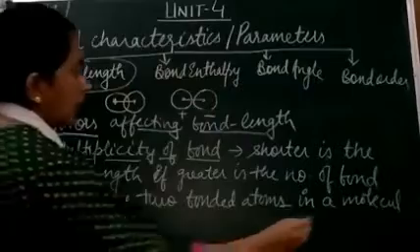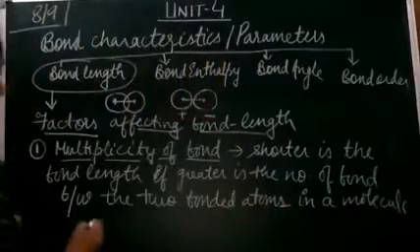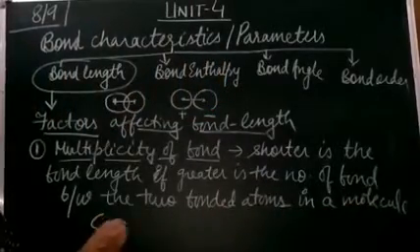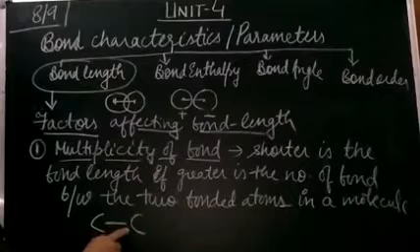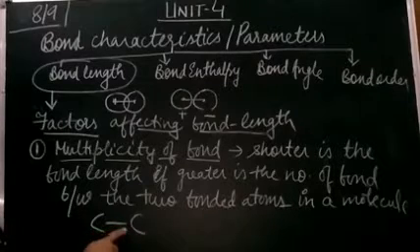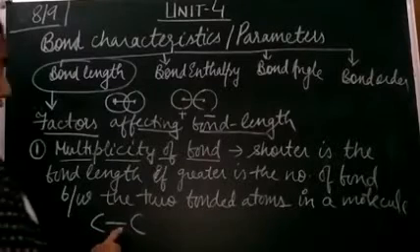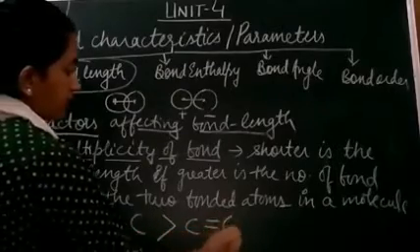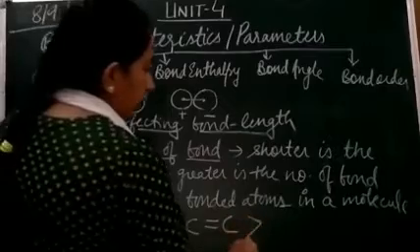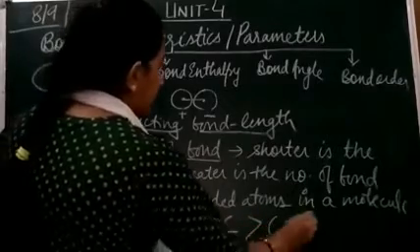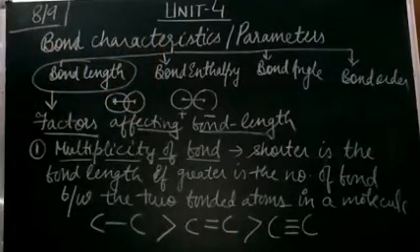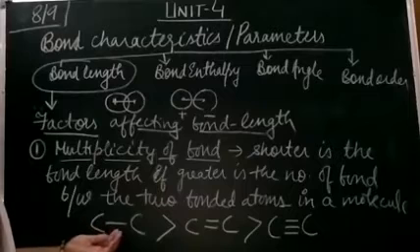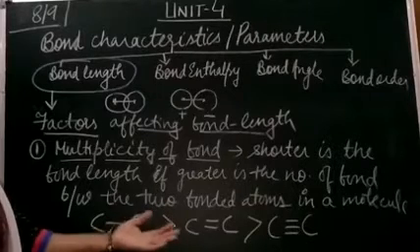So here, if it is the same carbon and carbon, since it is a single bond, the bond distance or the bond length of this bond is going to be greater than the double bond and the triple bond. Where do these single, double and triple bonds occur?